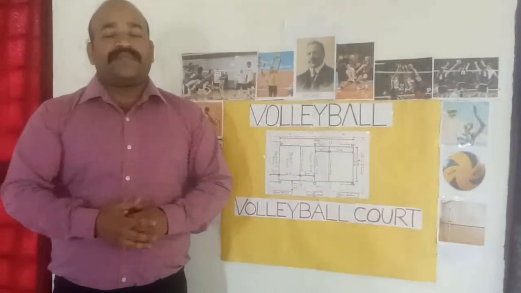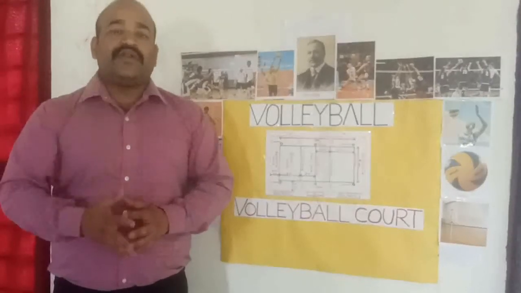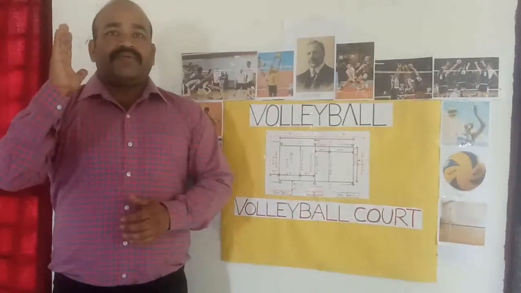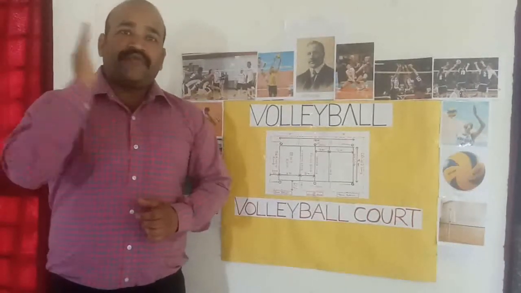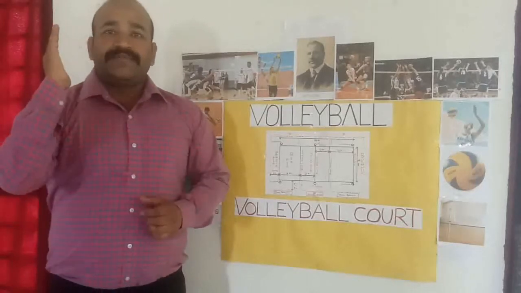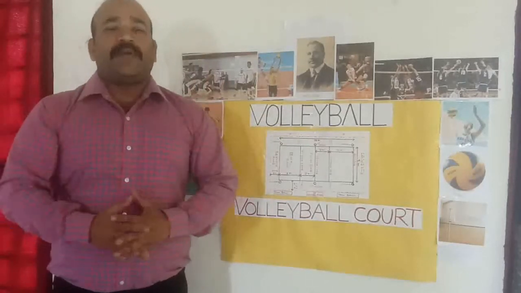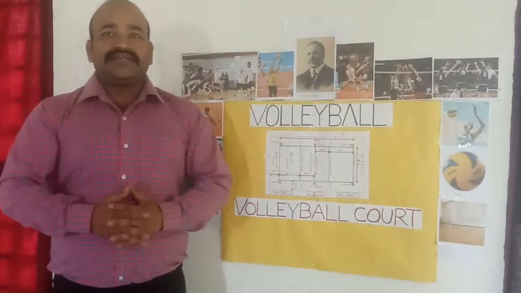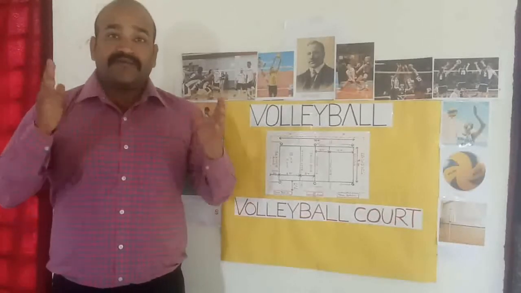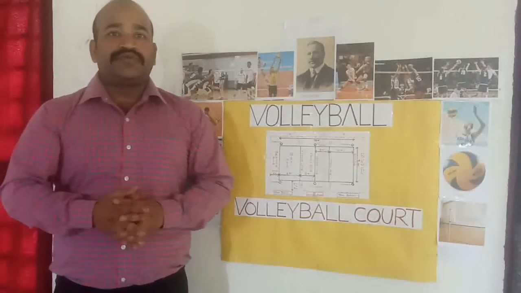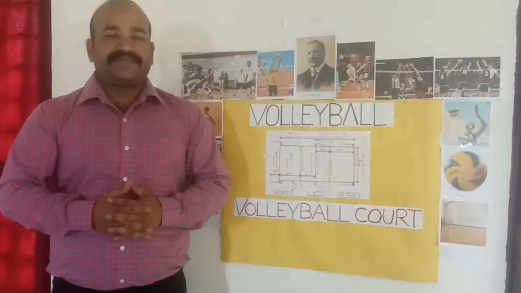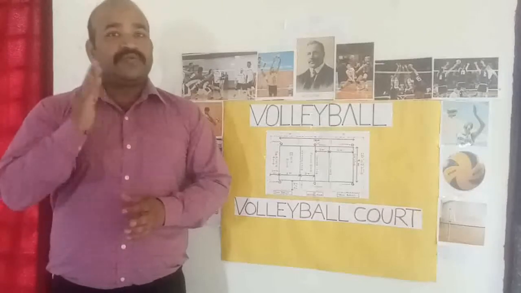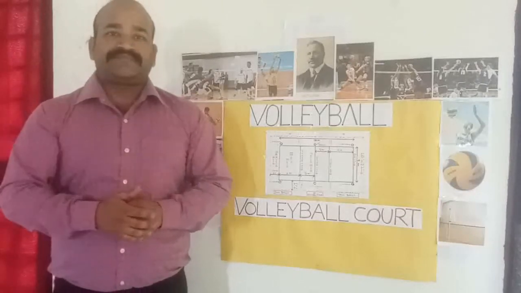Number 5: when blocking a ball coming from the opponent's court, it's illegal to contact the ball when reaching over the net if your opponent has not used 3 contacts and has a player there to make a play on the ball.